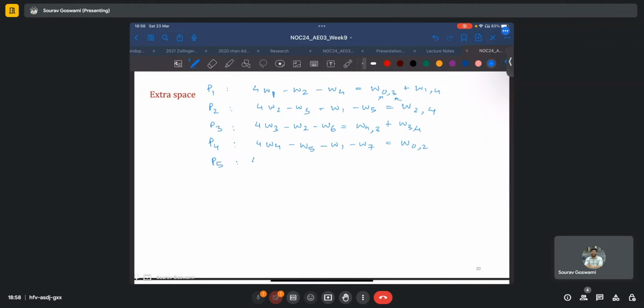For P5, 4w5 minus w6 minus w4 minus w2 minus w8 is equal to 0. For P6, this will turn out to be 4w6 minus w5 minus w3 minus w9 equals w_4,2.